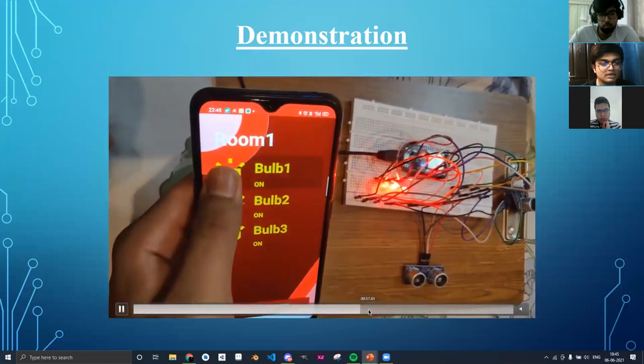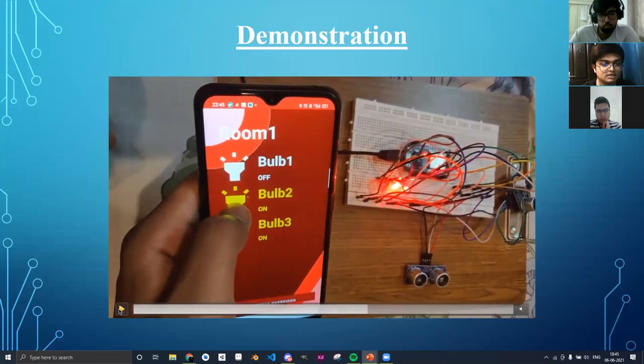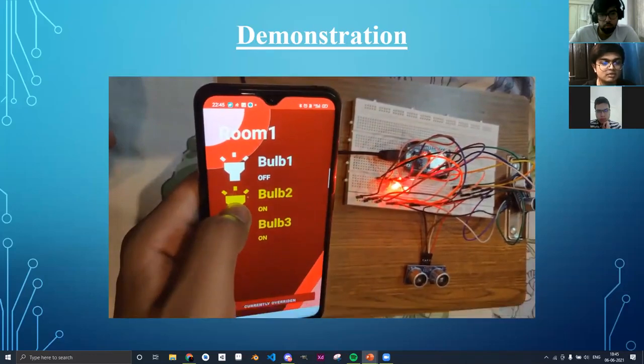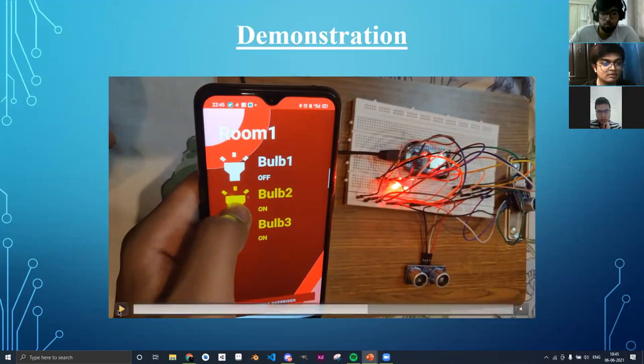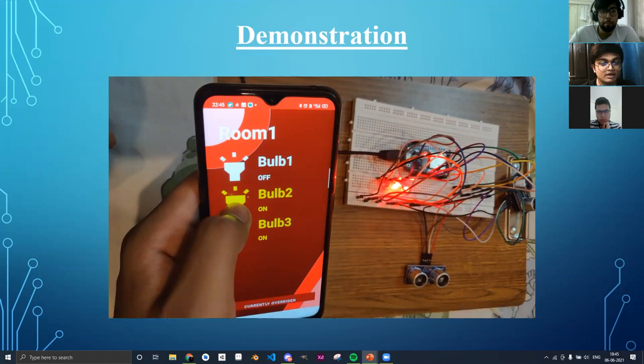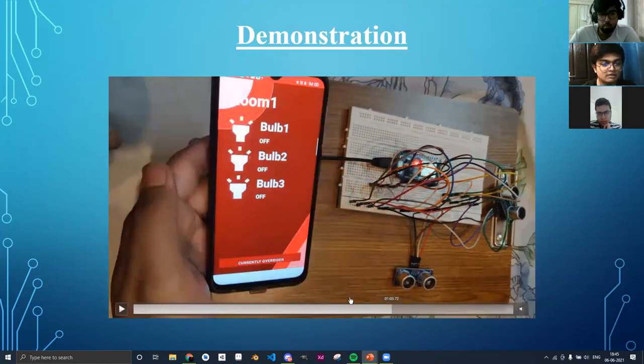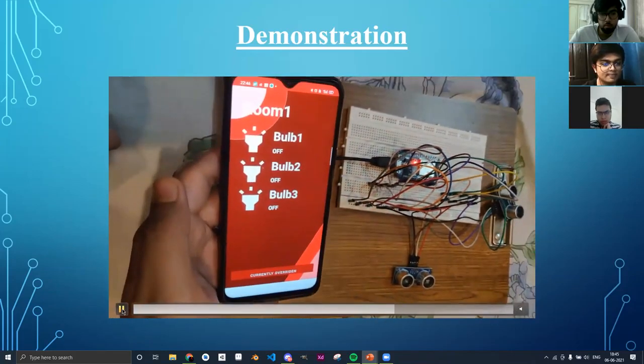Now, moving on with the application, like Devansh and Harsh rightly specified, this model helps us to control the status of the bulb from anywhere in the world. So now my friend Harsh will be controlling the bulb from the Android application that we made.